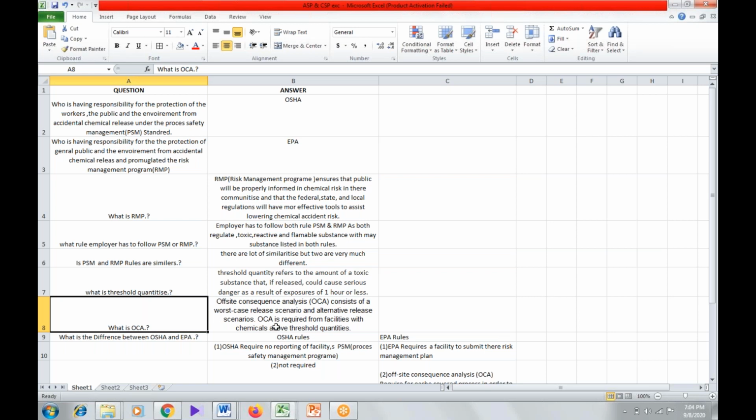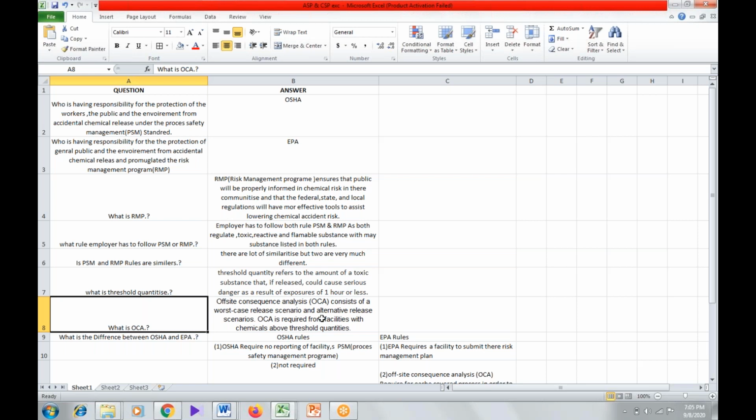So they are required to have an OCA, with the worst case release scenario and the alternative release scenario. They should have an OCA for what will happen if the worst case occurs, and what the alternative would be for that case. So every organization should be prepared.